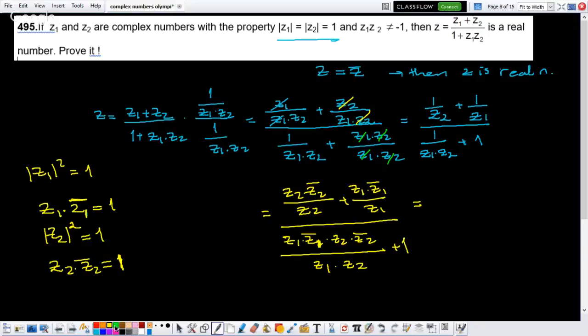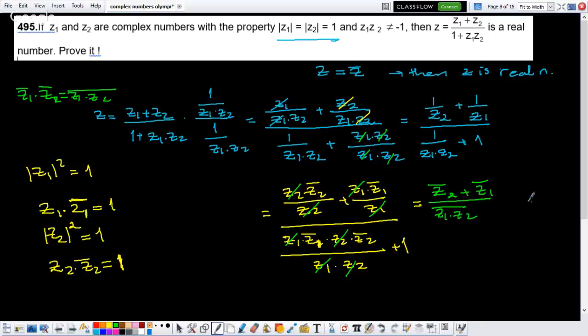Now I'm going to simplify these terms. Z2, Z2, Z1, Z1, Z1, Z1, Z2, Z2. The expression becomes like this: Z2 conjugate plus Z1 conjugate all over Z1 conjugate times Z2 conjugate. You know the property I explained, and you remember the conjugate of Z1 times Z2 is equal to Z1 conjugate times Z2 conjugate.